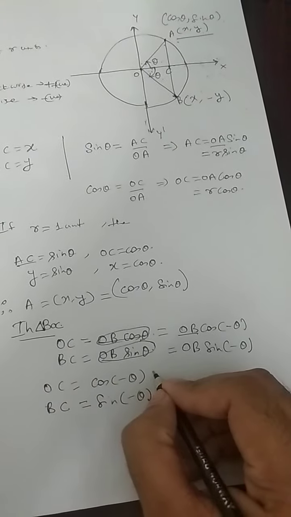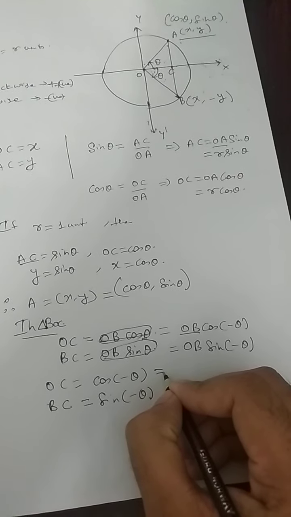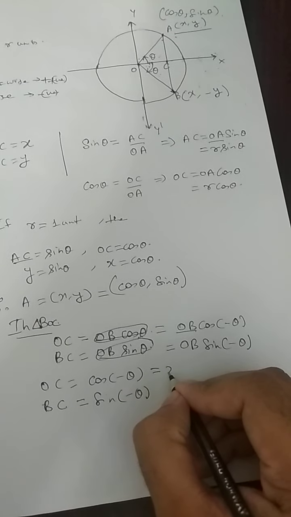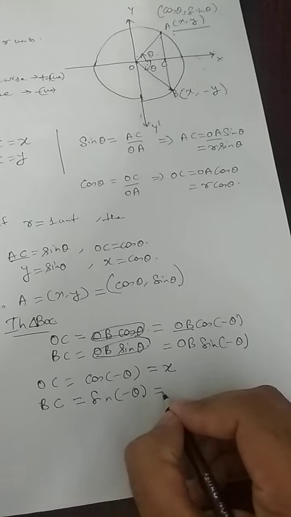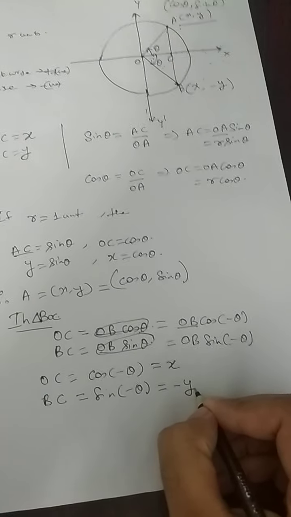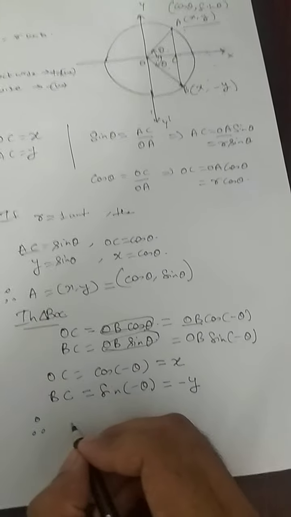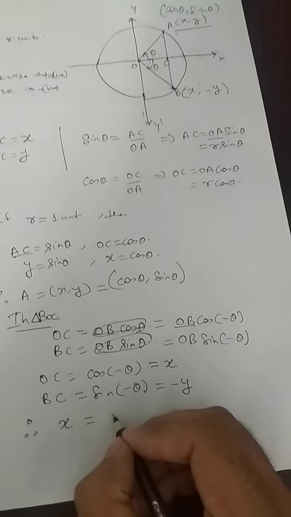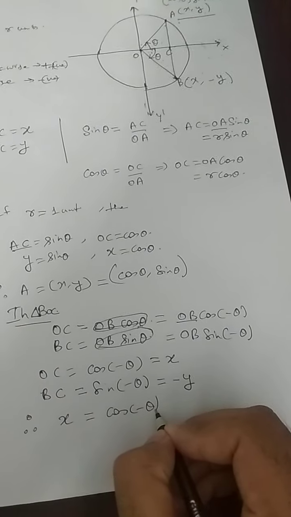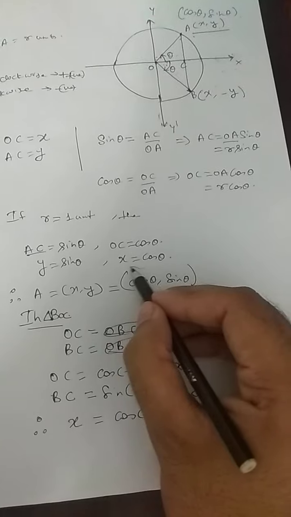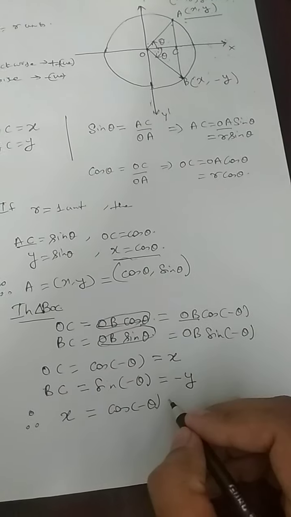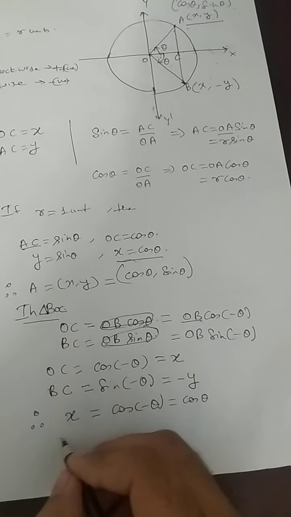And OC here is x and BC is minus y. Therefore x is equal to cos of minus theta, and x is equal to cos theta, that is cos theta.